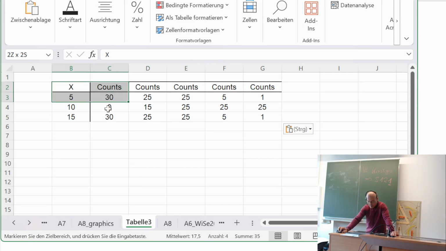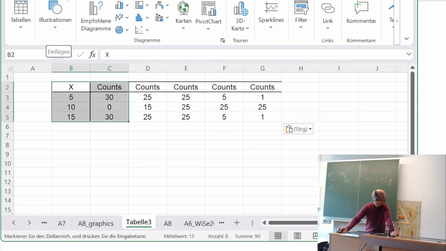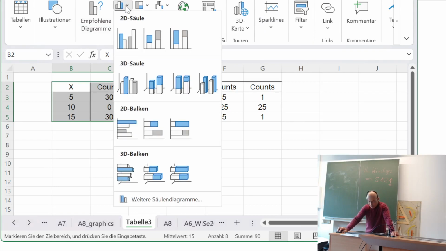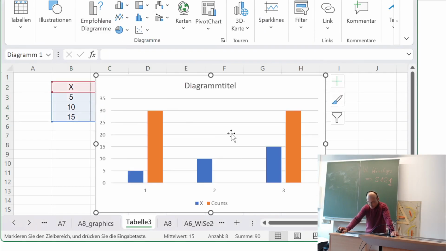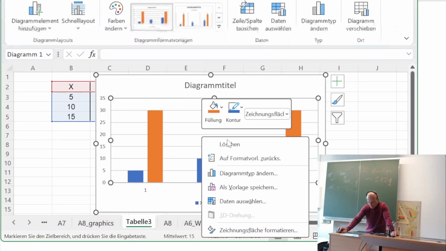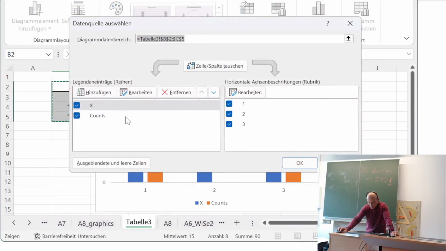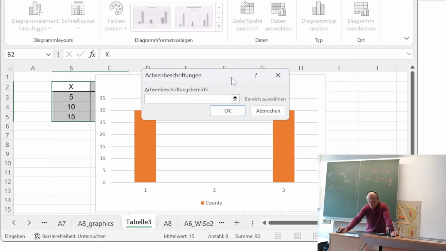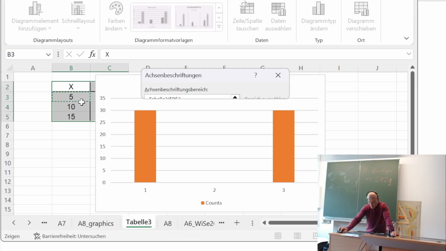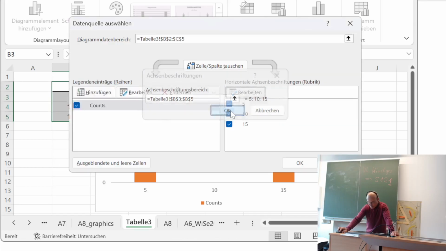So the first one would be this one, and again, we want only the counts, and for this we want the x values.